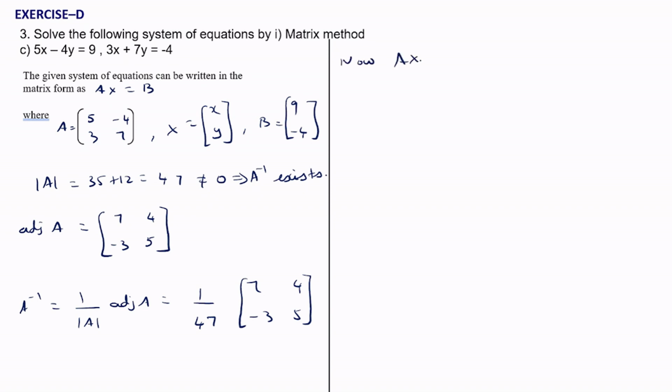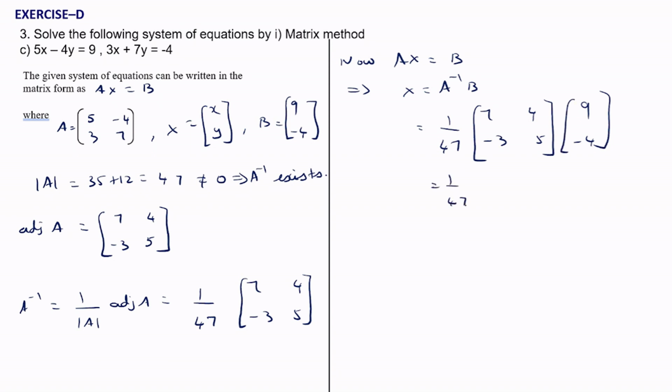Now Ax equal to B implies x is equal to A inverse into B. So this is equal to 1 by 47 into 7, 4, minus 3, 5 into B, which is 9, minus 4.